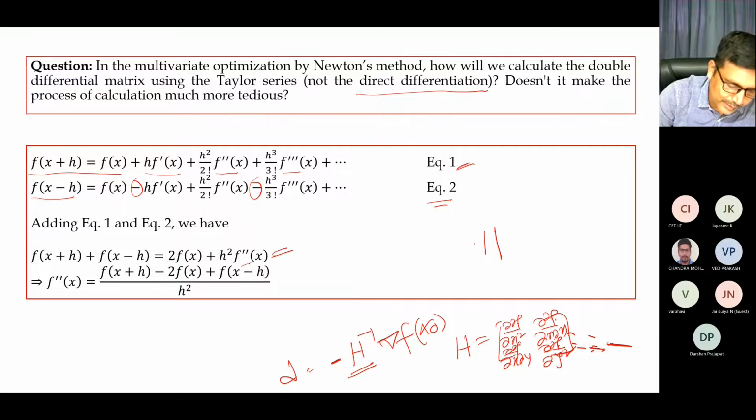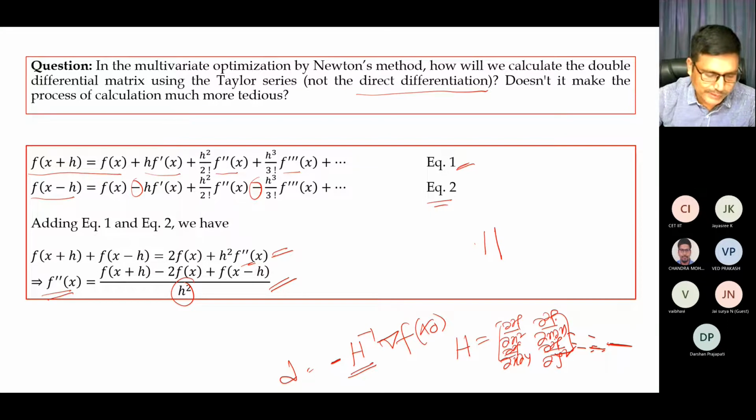So you will have only the second derivative, which I can calculate as f of x plus h minus twice f of x plus f of x minus h, divided by h squared. So I can use this equation for finding the second derivative of a function numerically.